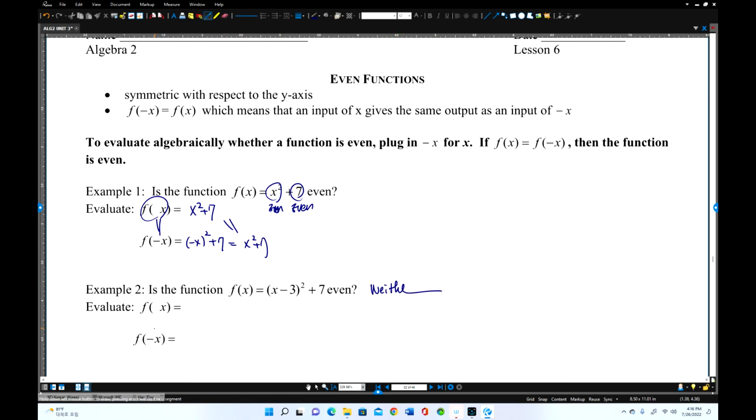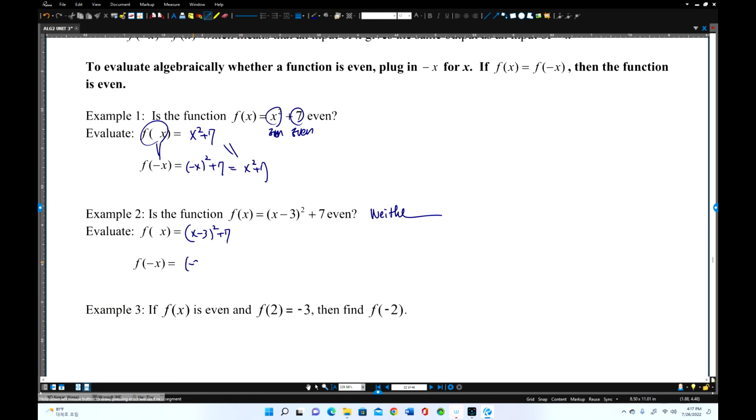Or you can prove this algebraically. This one is x minus 3 squared plus 7. Put in negative x there. Negative x minus 3 squared plus 7. Negative x minus 3 is negative of x plus 3, squared, right? So negative times negative is a positive. Still, this is x plus 3 squared plus 7. Is this equal to this one?